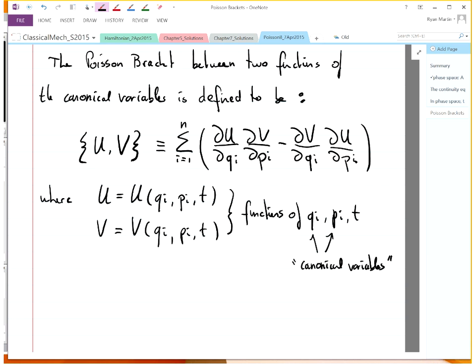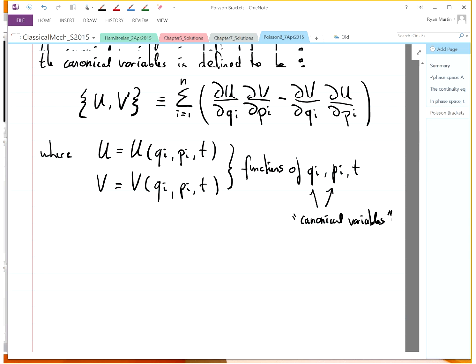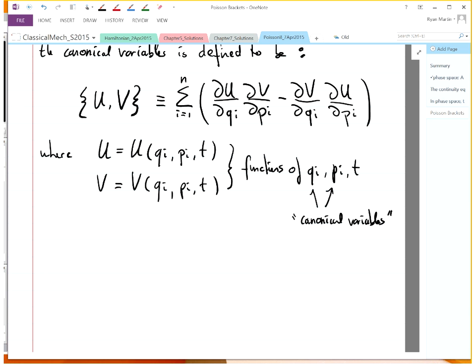So if u and v are somewhat complicated functions of q and p, each one of those partial derivatives could have more than one term in it, and so it could get complicated. If you have to write it out, it could actually be quite ugly. Fortunately, it's rare that you have to actually carry that out.